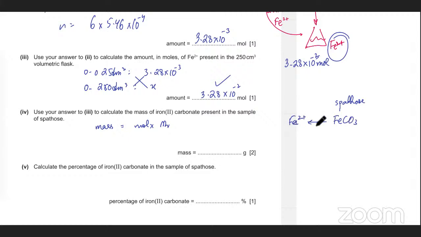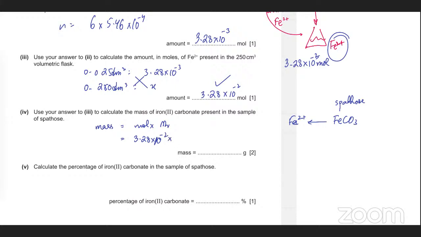So it's 1:1. One FeCO3 is going to produce exactly 1 Fe2+. So FeCO3 will have the same moles. It's going to be 3.28 times 10 to the power minus 2.